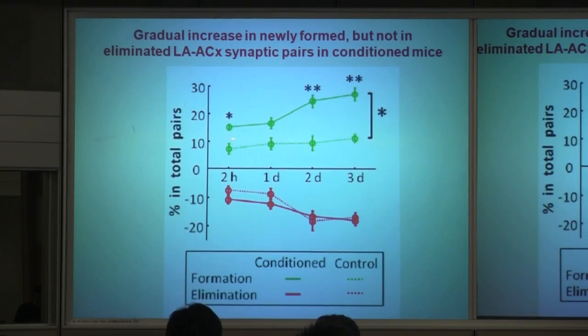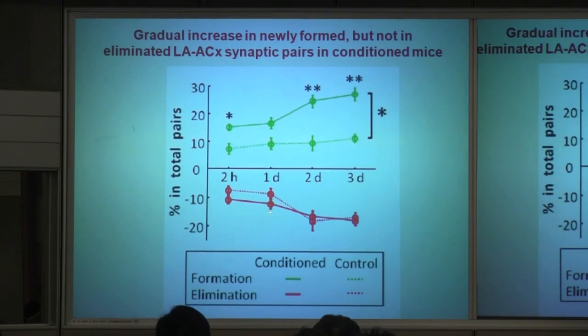So now, in this case, you can see a clear increase with time. After training, there's a gradual consolidation of memory, we know, during this period of a few days. There's a gradual increase in new synaptic pairs of presynaptic and postsynaptic structure. That's what we call pairs. And the number of existing pairs that disappear or are eliminated doesn't change.